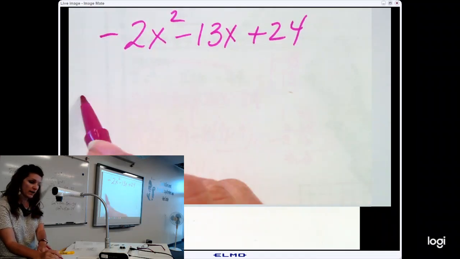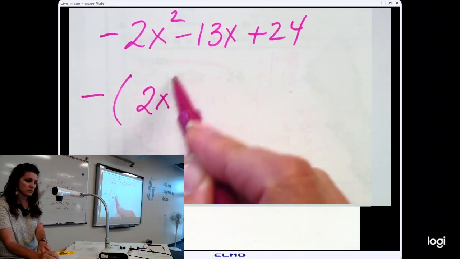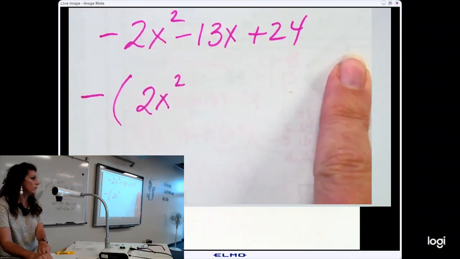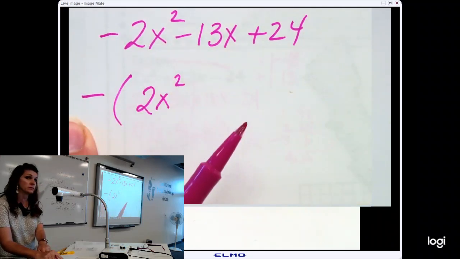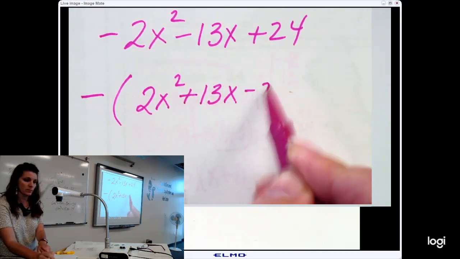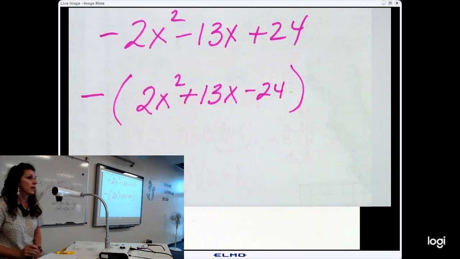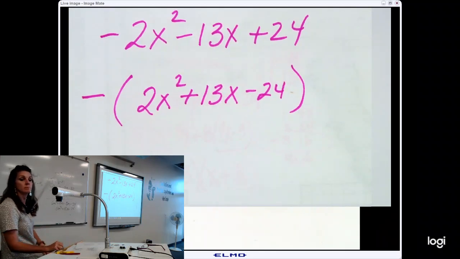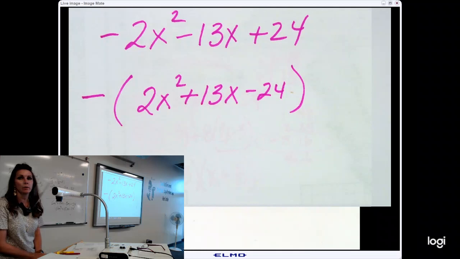You need to factor it out like this. And what happens to all the signs when I put a negative out front? They all change to the opposite. Okay? You see a negative out front, you do need to factor it out. All right? So you can't rainbow it. No, you don't want to rainbow it when it's like that. It just complicates everything. Factor that negative out and your life will be easier.